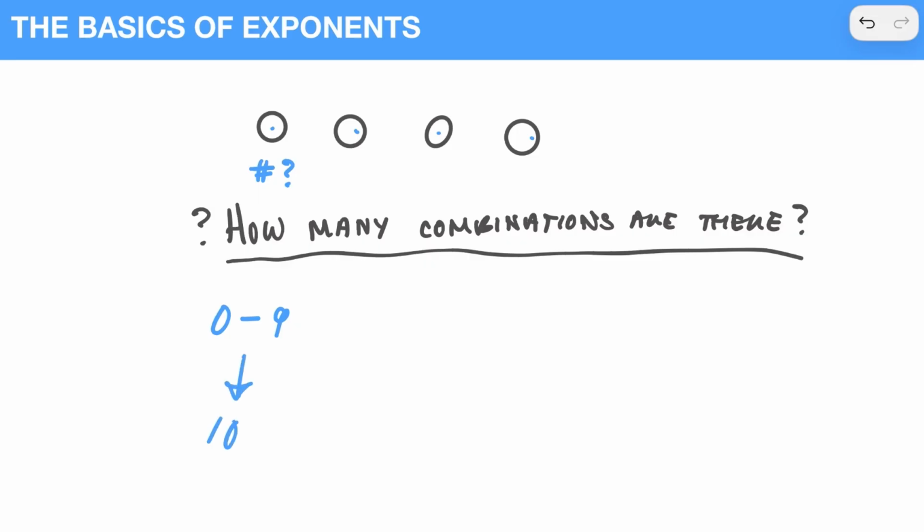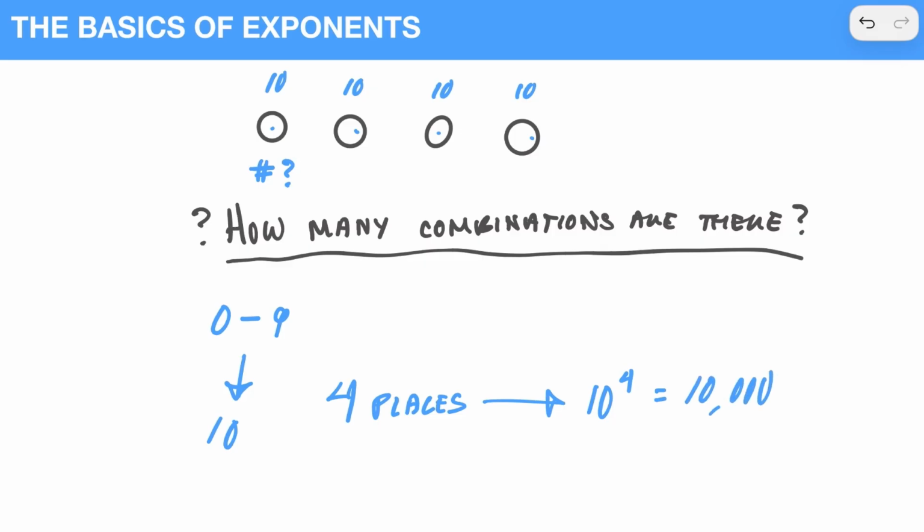And if there are 4 places to put 10 numbers, we can write this as 10 raised to the 4th power, because we got 10 here, 10 here, 10, and 10. 10 raised to the 4th is 10,000. There are 10,000 different combinations for an iPhone or an Android or whatever, 4-digit numeric lock.